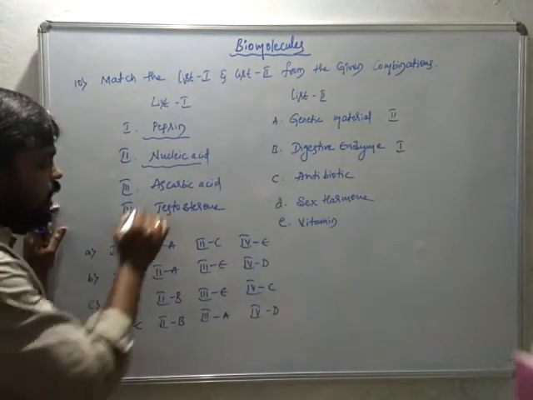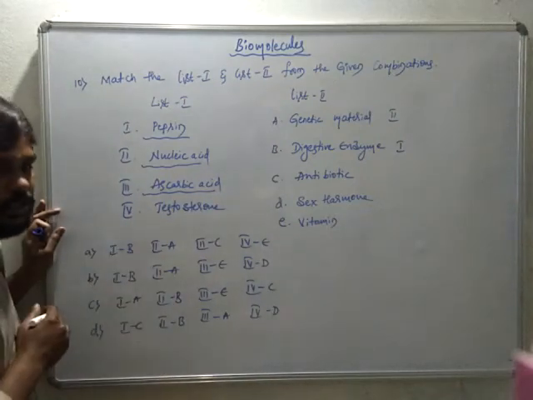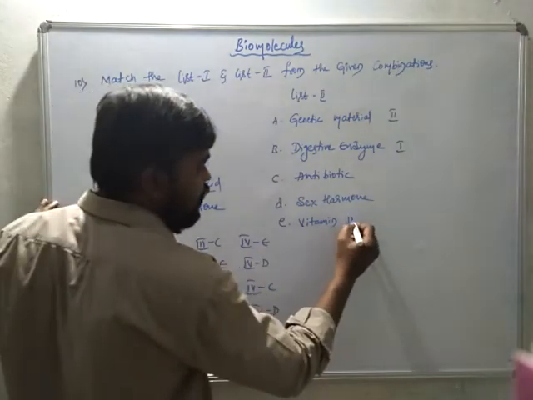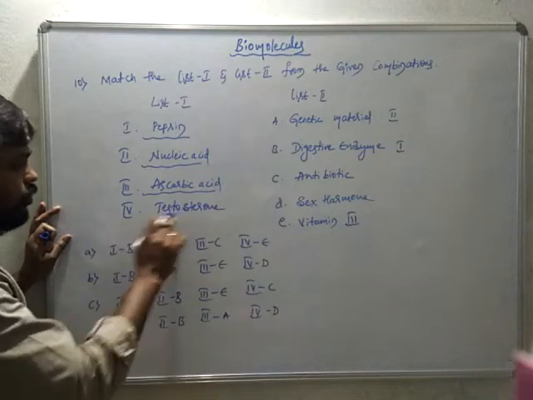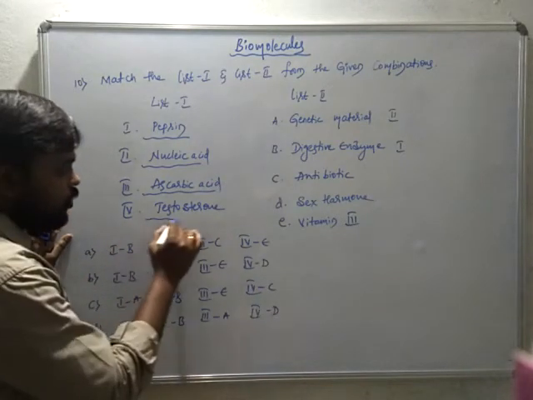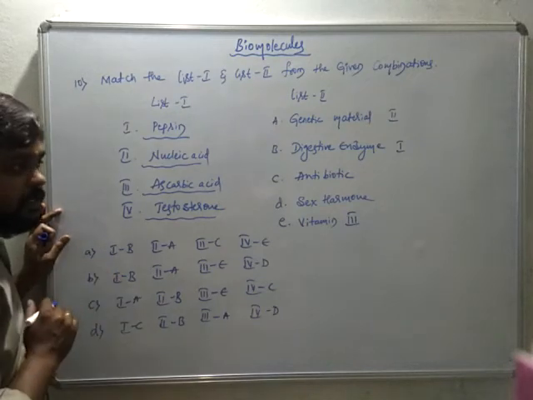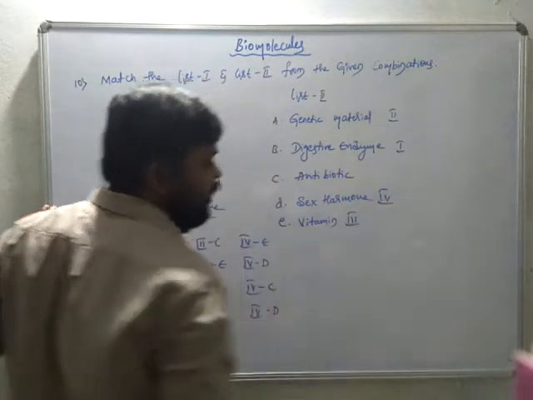The third one is ascorbic acid. Ascorbic acid is a vitamin, vitamin C, so it matches option E in list 2. The fourth one is testosterone. Testosterone is a male sex hormone, so it matches option D in list 2.